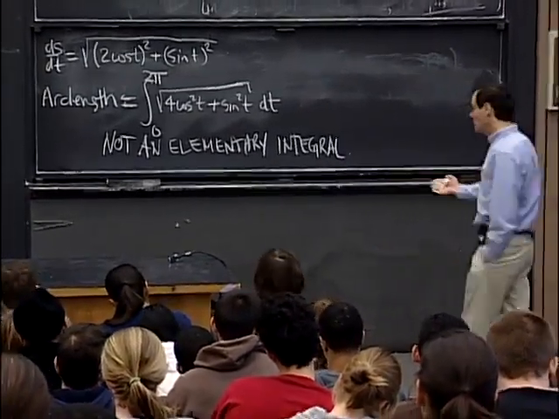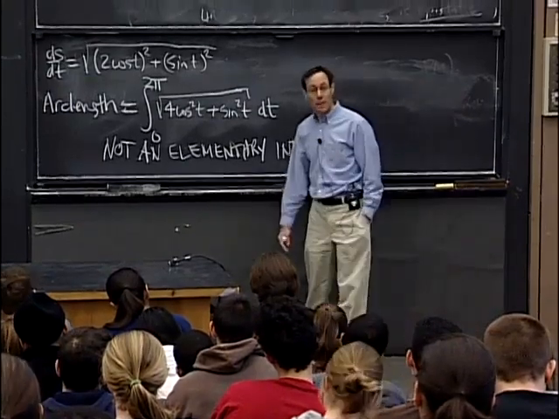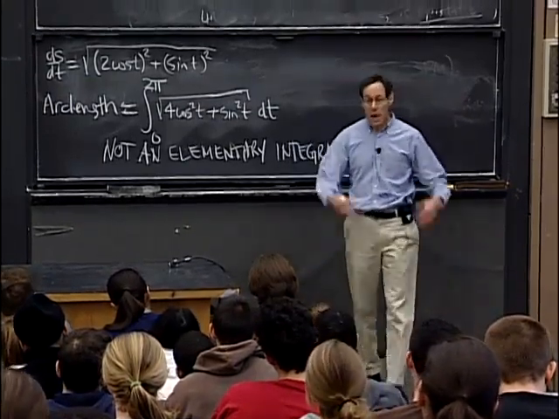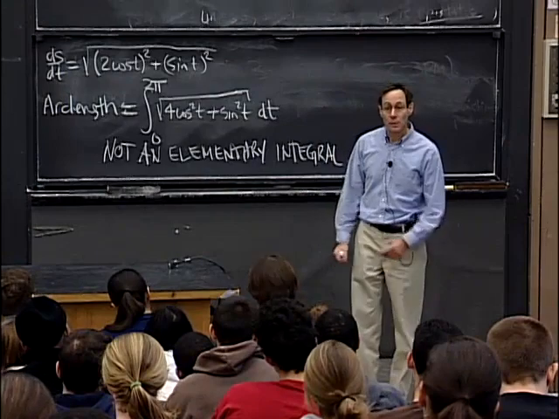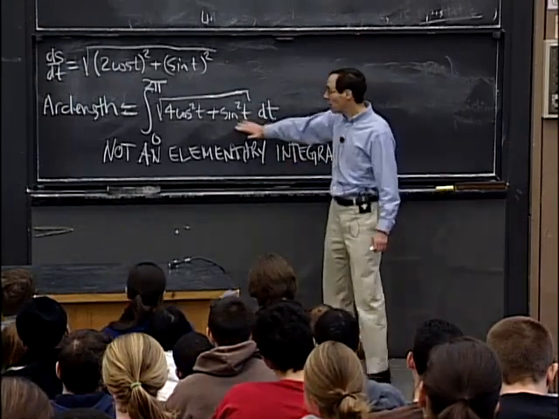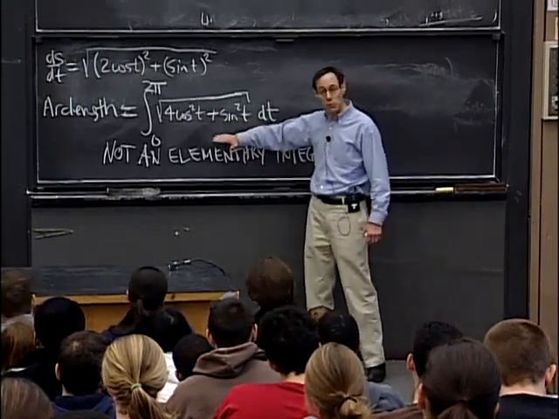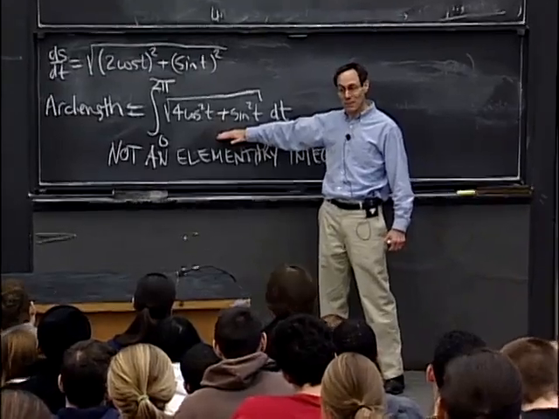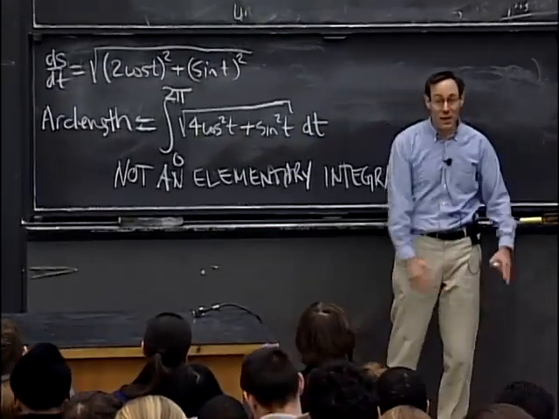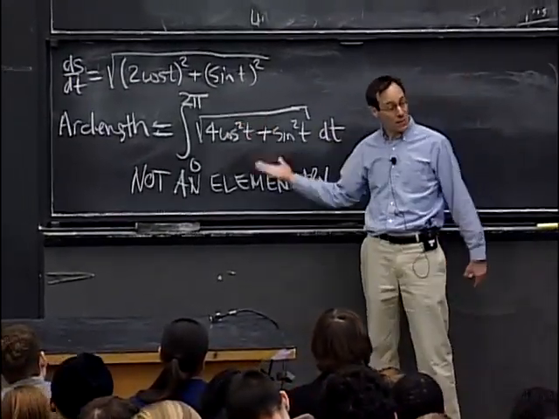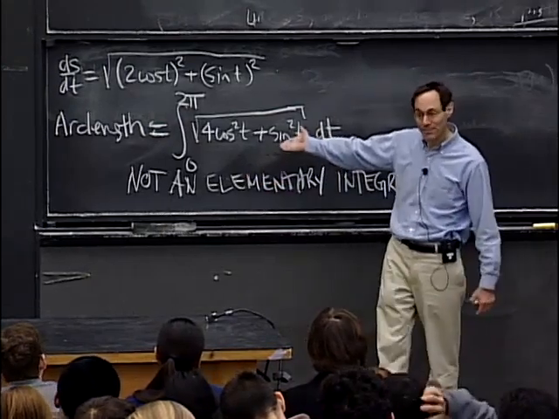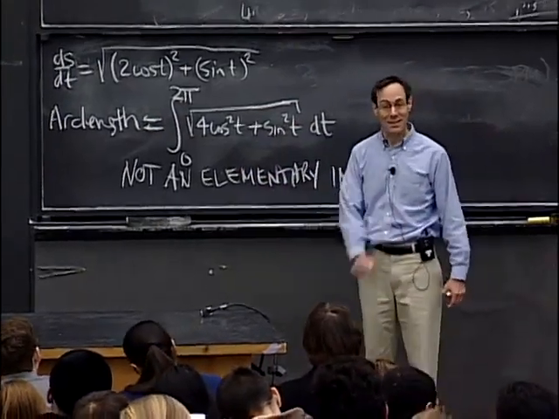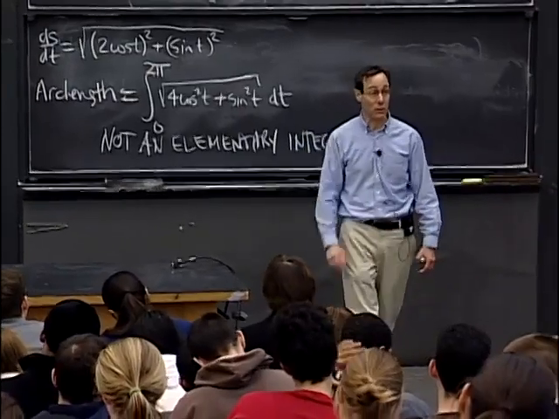That's the bad news. The good news is this is not an elementary integral, which means that this is the answer to a question, not something that you have to work on. So if somebody asks you for this arc length, you stop here. Okay, that's the answer. So it's actually better than it looks.